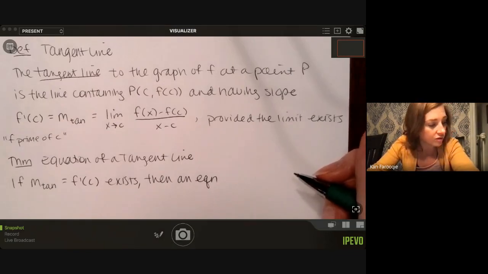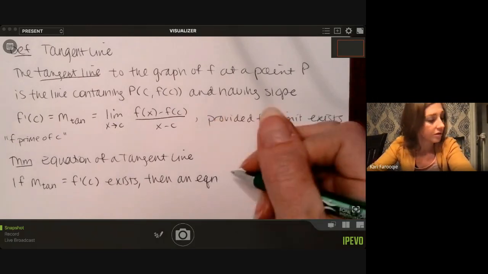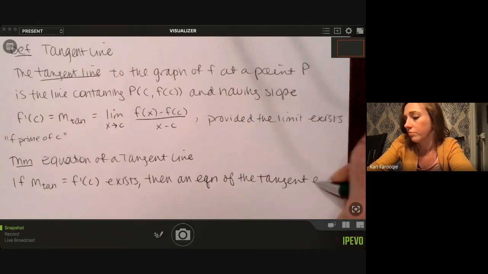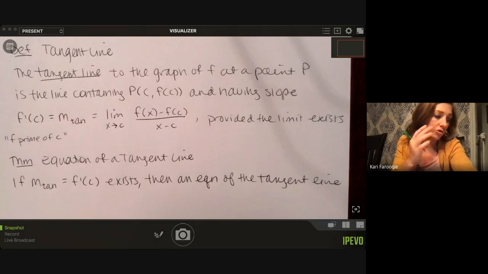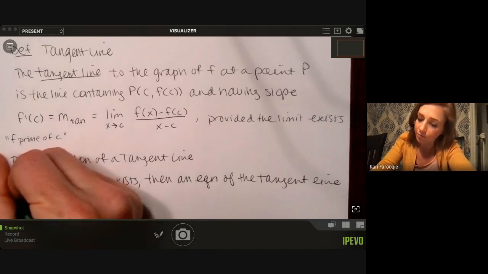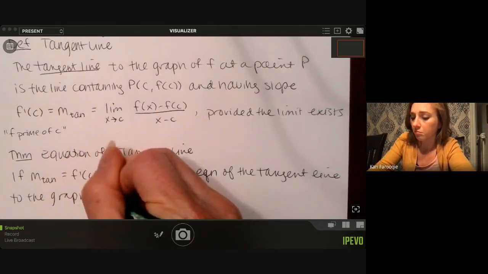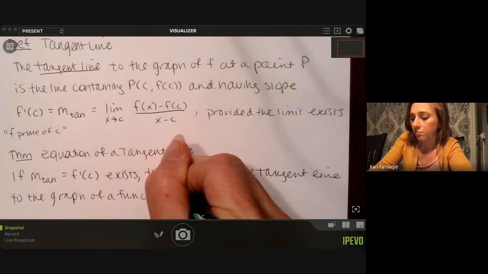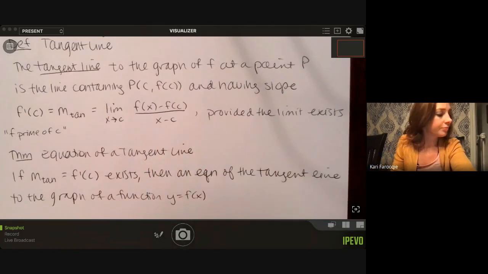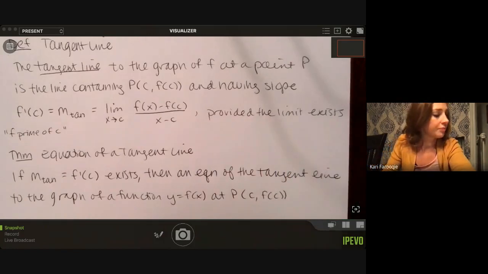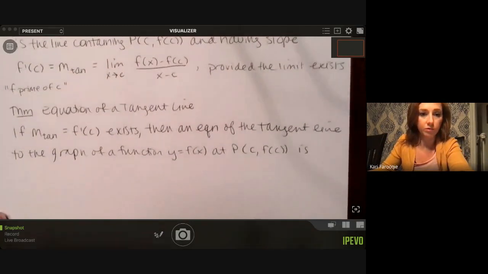Then an equation of the tangent line to the graph of a function y equals f of x at the point P, (c, f of c), is, and I'm going to give you the equation here.